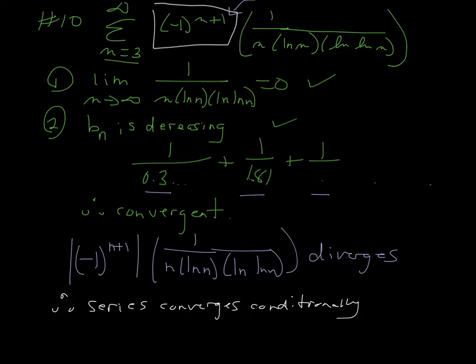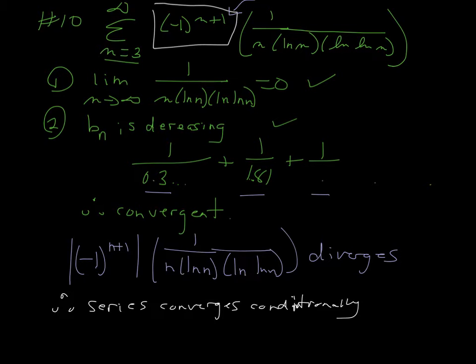Now, I didn't see that before I did your first video, but the reasoning would be the same there as well. With the 1 over root n, other than that one, having that minus 1 to the n plus 1 to make it an alternating series, that one's going to converge conditionally also, because it's going to keep adding and adding, and it's never going to converge.